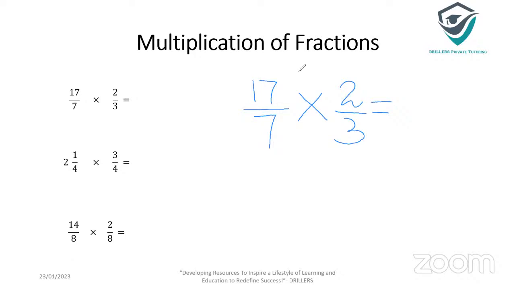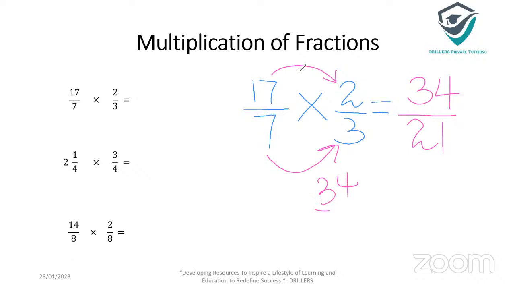If we multiply the numerators, we have 17 by 2, that will give us 34. Tables coming in handy again. And then we have 7 multiplied by 3, that will give us 21. So we end up with an improper fraction, 34 over 21.